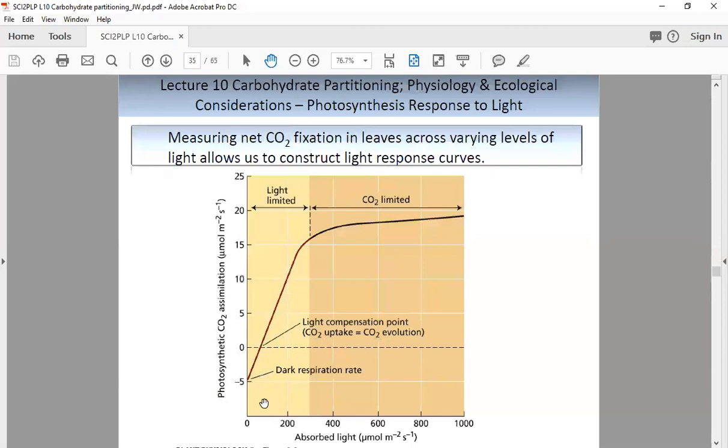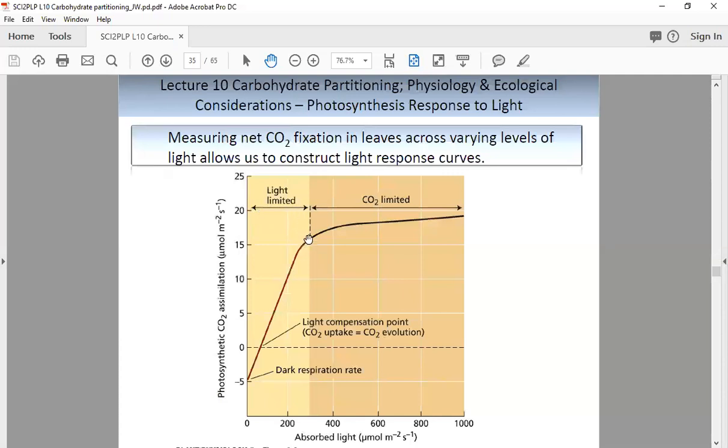Then as the absorbed light level increases, what happens to CO2 assimilation? It increases proportionally. And this indicates that photosynthesis is limited by the rate of electron transport in the light-dependent reactions, which in turn is limited by the amount of available light. So this portion of the graph is referred to as light limited, and that's indicated here.